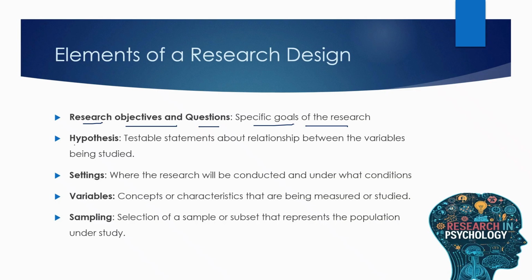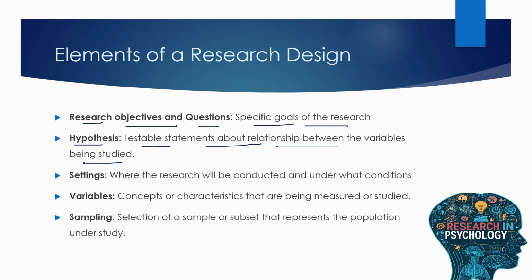The second element we have is the hypothesis. This also we have studied, what is hypothesis, right? It's a tentative statement that tells you about the possible solution of the question that is being studied. These are testable statements about the relationship between variables being studied. We said hypotheses are tested.